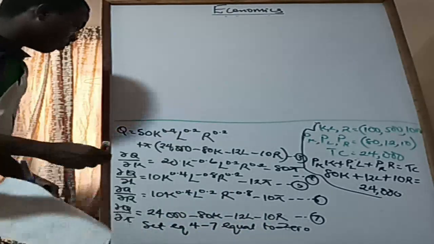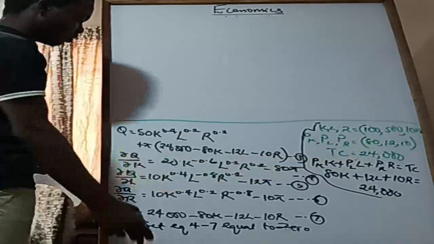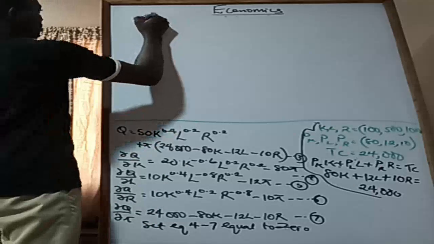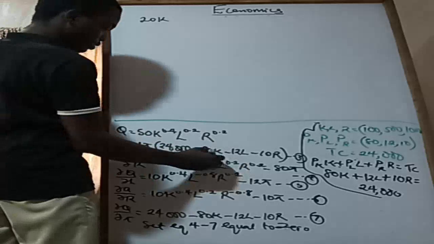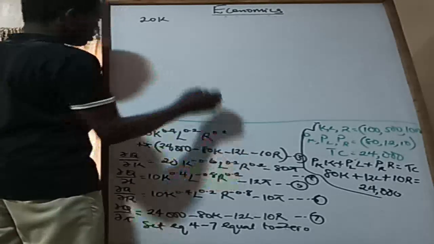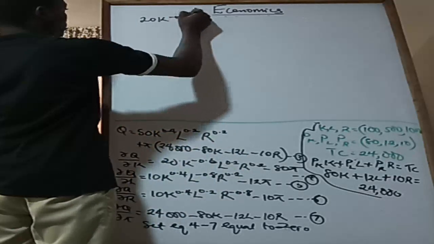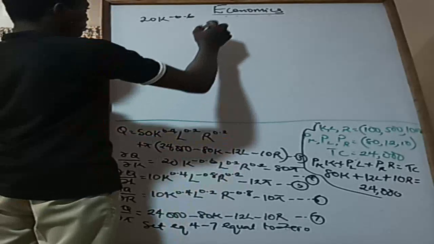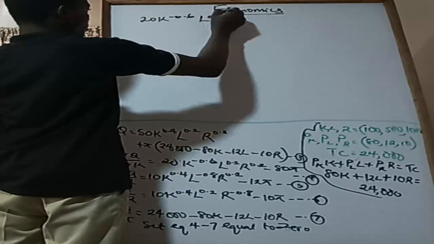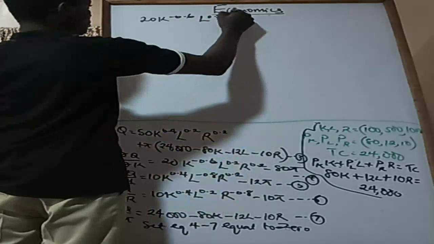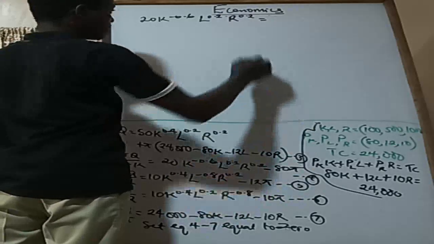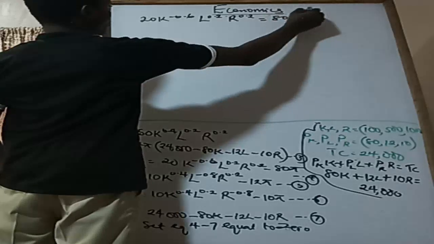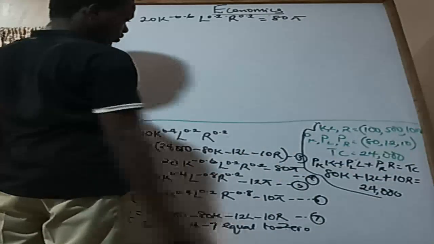And so by the time we set equation 4 to equation 7 equal to 0, equation 4 for example, the 80 lambda will just go to the other side. So we'll be having 20K^-0.6 L^0.2 R^0.2, this will be equal to 80 lambda. So when you set it equal to 0, 80 lambda goes to the other side.